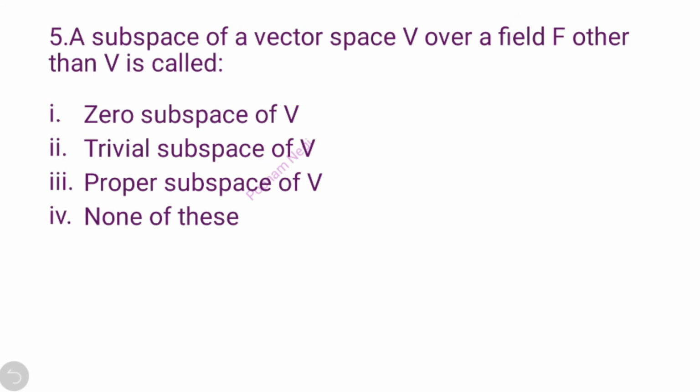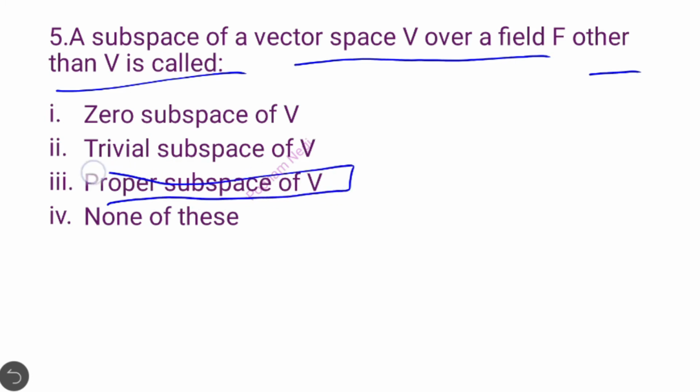Next question is, a subspace of a vector space V over a field F other than V is called? It is called a proper subspace of V. Zero subspace is nothing but a subset {0} consisting of the zero vector alone in the space V, called a zero or null space.